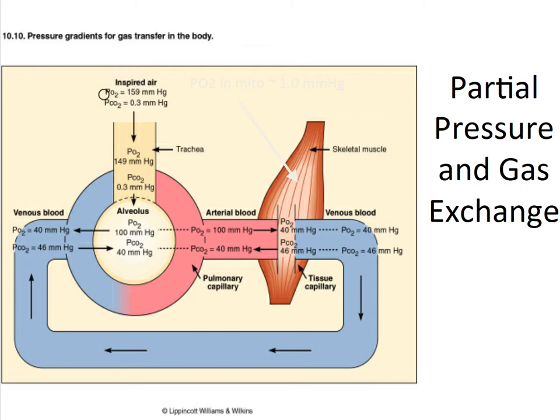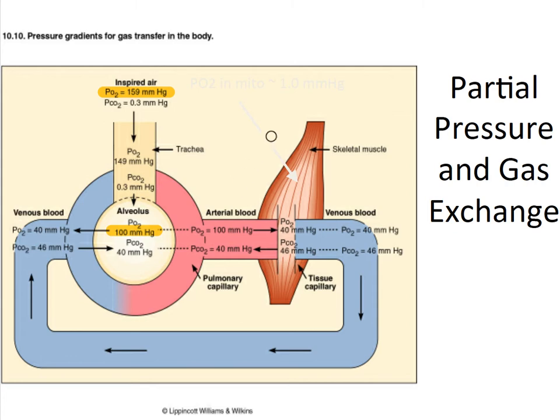So the partial pressure at sea level, room air, is about 159. So gases want to go from a high to low partial pressure. So what is the pressure in the lung alveolus? We lose some oxygen and some water as well. So it's now at 100.